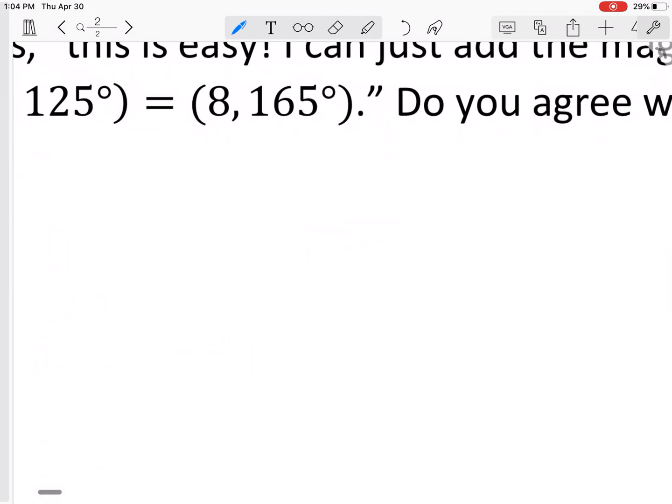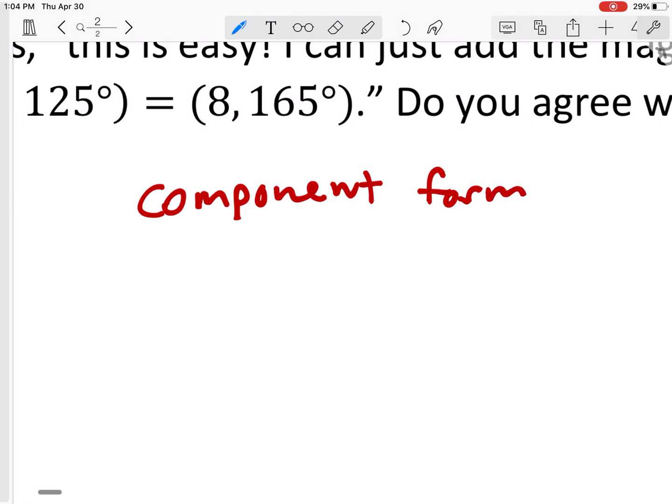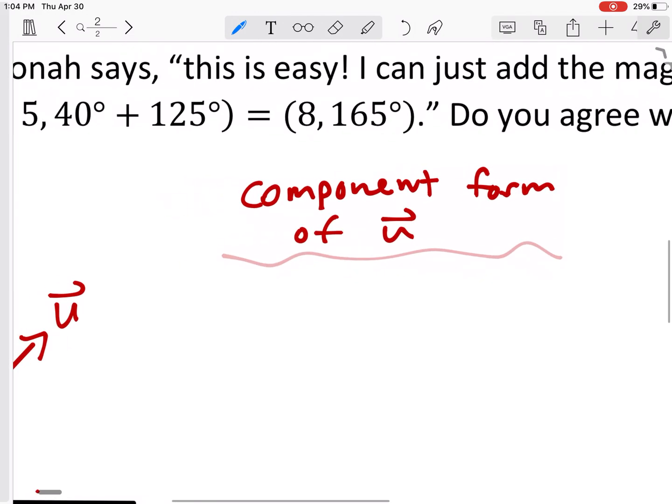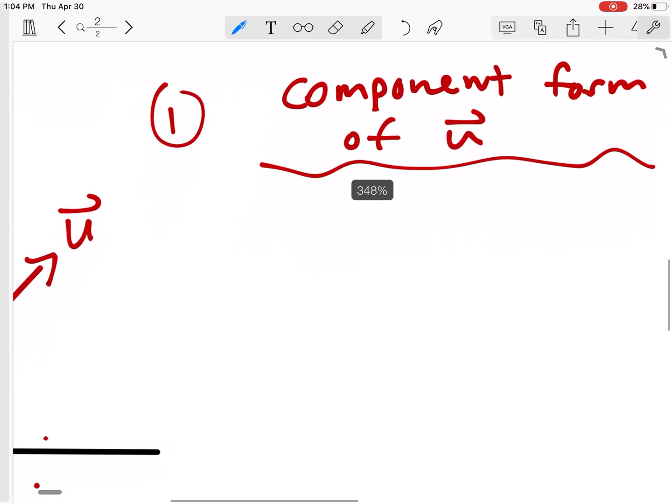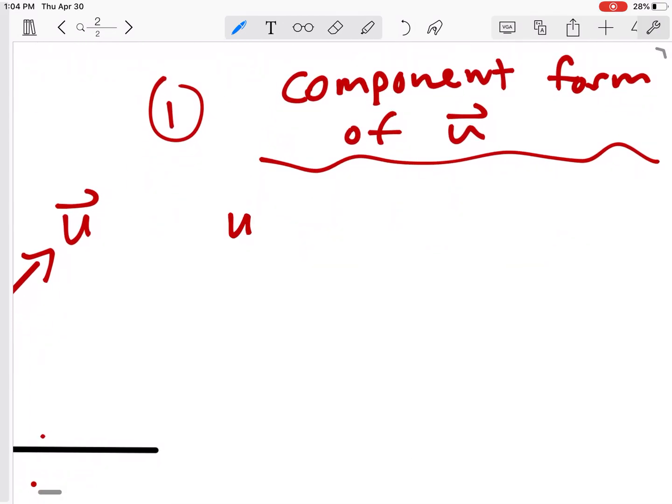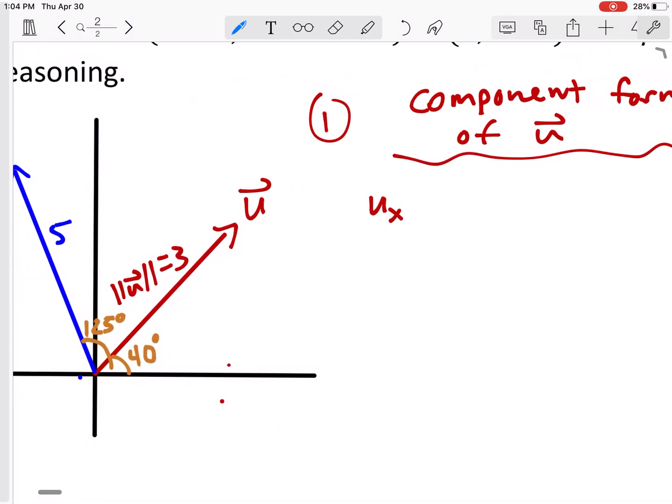So let's check it. Component form of u is what we need to find first here. So to find the components, we now know quickly how we can do that.